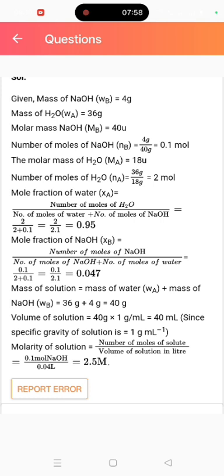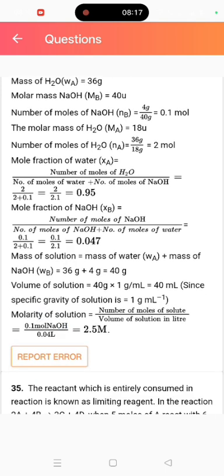Okay, so volume of solution is equal to 40 gram into 1 gram per ml. Okay, mass by volume is density. So then mass is equal to volume into density. Sorry, volume is equal to... Wait a minute.